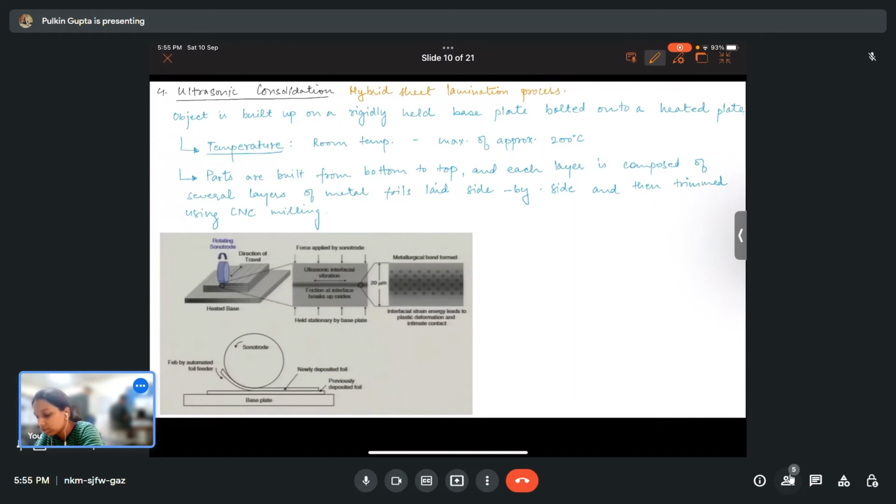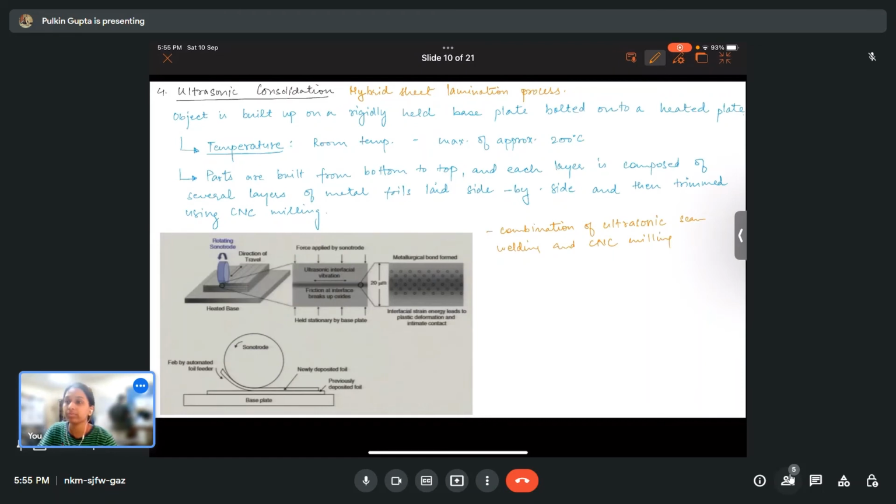So it is a combination of ultrasonic seam welding and CNC milling.